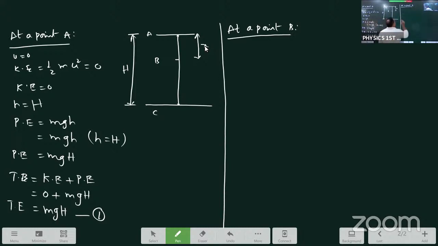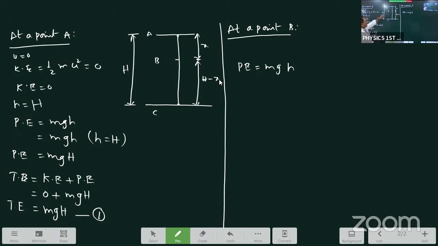First I will go for potential energy. The formula is mgh. Now suppose the body is at point B. How much height is it? Total height is capital H, and from here to here is x, so this is H minus x.